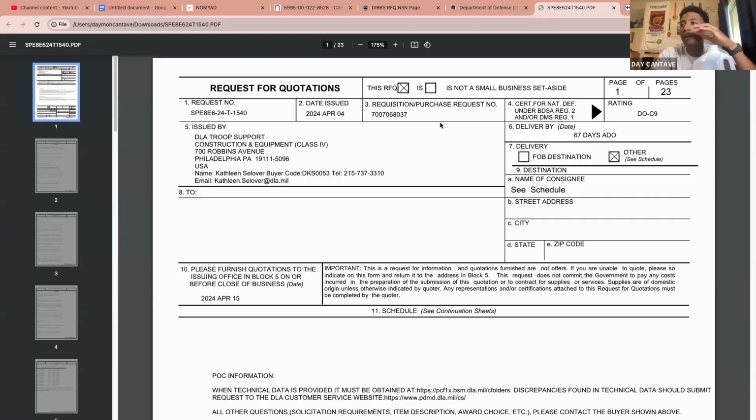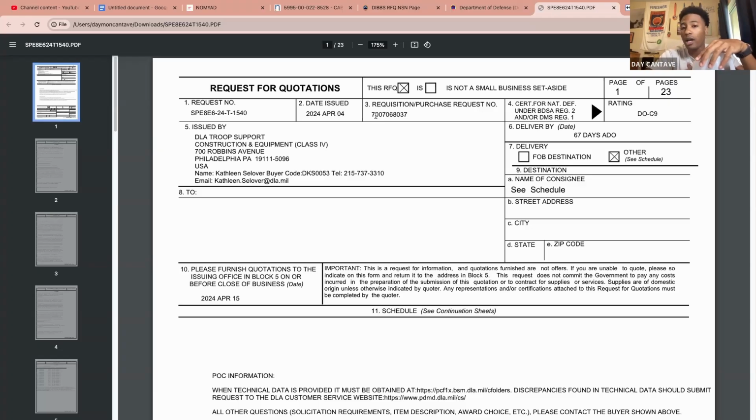Then you come down here, and in box 1 you've got your request number, which is the same thing as your solicitation number. There's a lot of redundancy with the government. Then date issued. This was issued in April 2024, the 4th day of April. And then here you've got your requisition/purchase request number. This is how the government internally tracks solicitations, right?